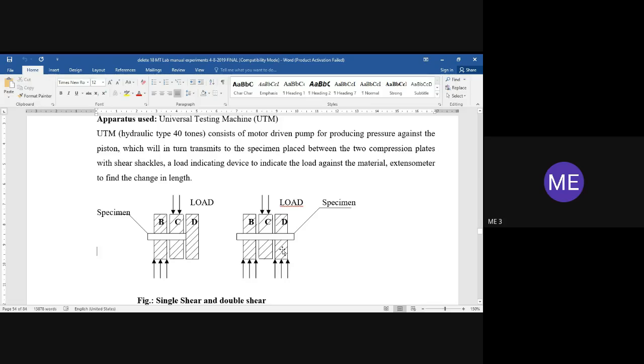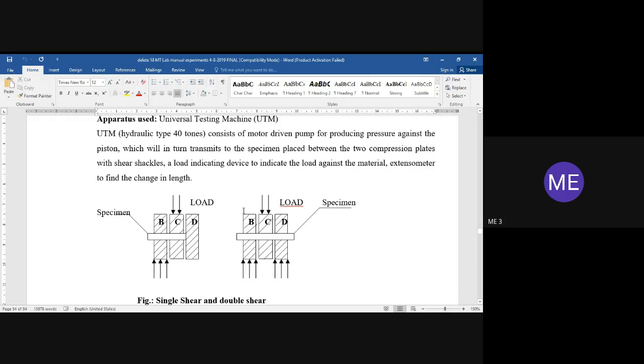If you consider the shear stress formula, force divided by shear area, for the first one, suppose the area of the specimen is A. Then the shear stress is equal to force divided by A. What about the second one? What is the formula for shear stress for the double shear?